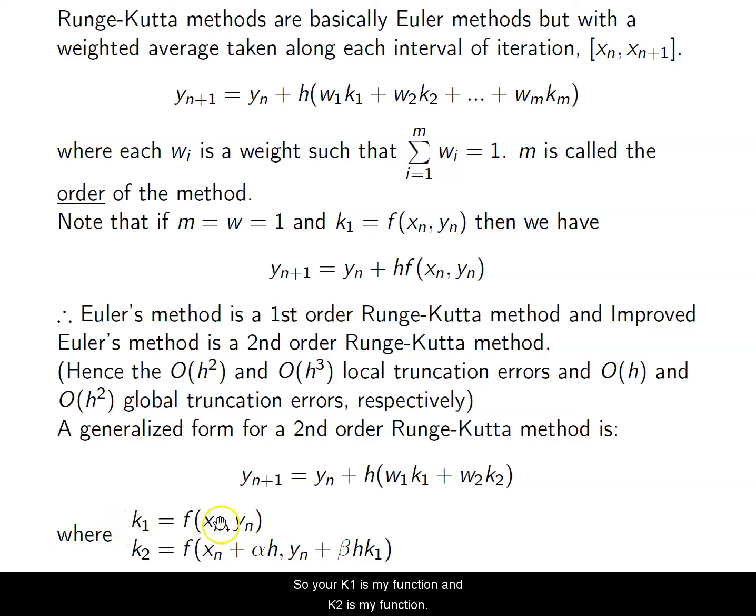Here K1 is my function, and K2 is my function at some step size h away from my current value, with my current output plus some constant multiple times h times K1.